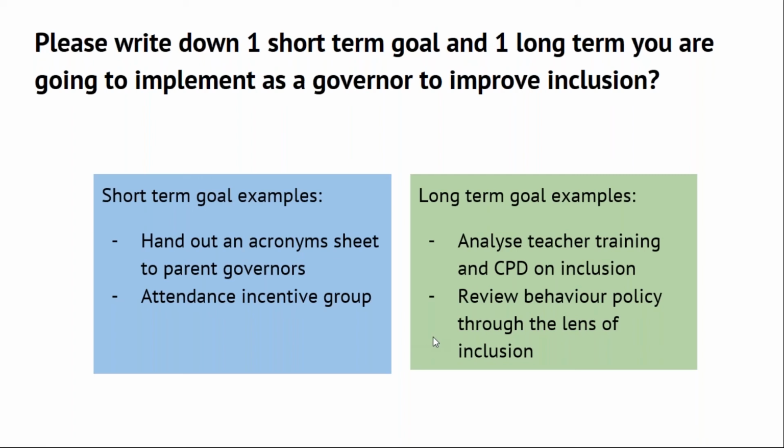So I think that's an excellent long-term goal, to make sure we know what languages are being spoken, so collecting that data, and then also how we can make sure those communications are in a wide range of languages for those parents.